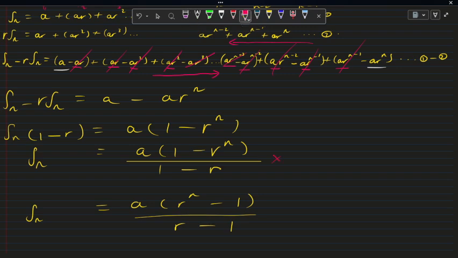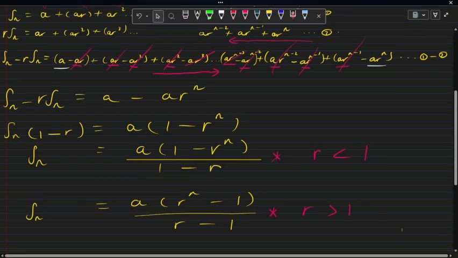Now, this guy is used when r, which is the constant ratio, is less than 1. Okay, so if r is less than 1, we use this solution. But then if r is greater than 1, then we have to use this one.